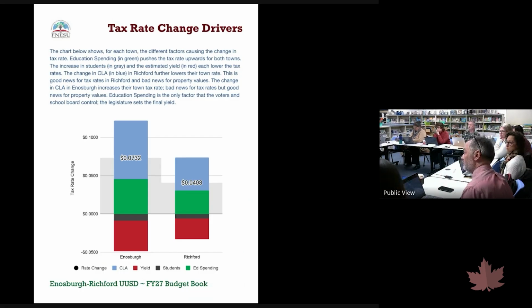And then in blue, you're seeing the impact of the CLA. Enosburg's CLA has moved a lot more in the past year than Richford's, and that's why that is pushing up above the line, more so than in Richford's case. And you'll see the gray shading kind of shows where the little over 7 cent increase lands for Enosburg and the 4 cent increase lands for Richford.